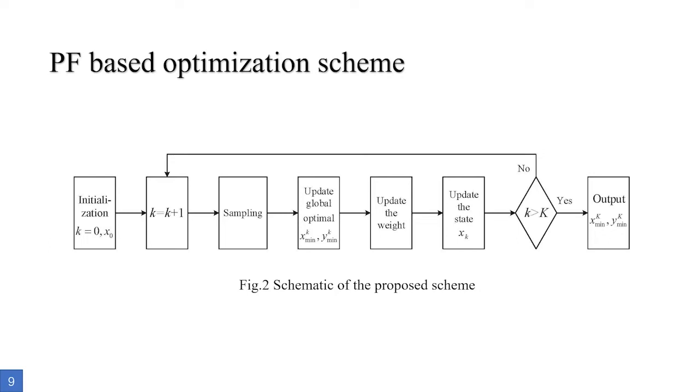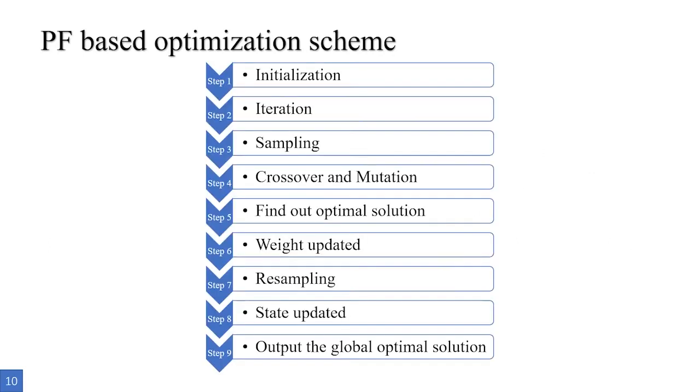When the iteration is over, the minimal estimate of the system state is obtained. In other words, a global optimal solution of the objective function can be obtained. Details of the proposed optimization scheme are as follows.